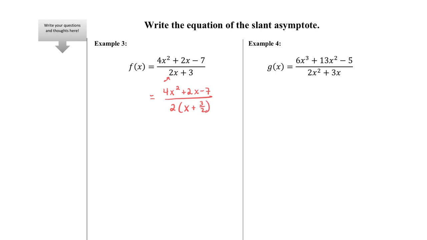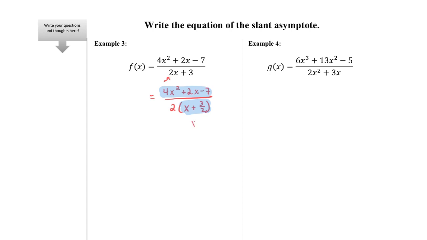And so here's kind of our process. Instead of dividing 4x squared plus 2x minus 7 by this whole thing, what we're going to do is do synthetic with this part of it. And then we'll have our division answer. We just have to then divide the answer by this 2. Okay, so it's kind of a cheaty way to get around doing synthetic division when your a value is not a 1.